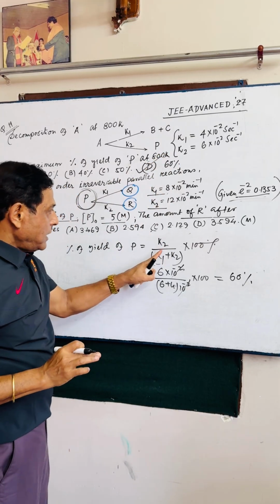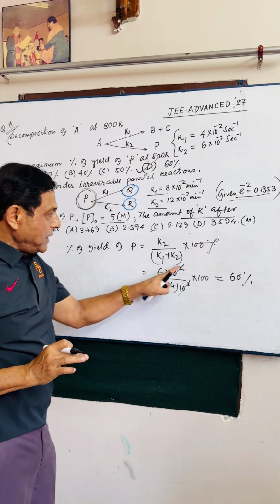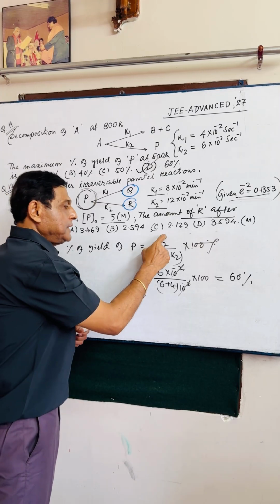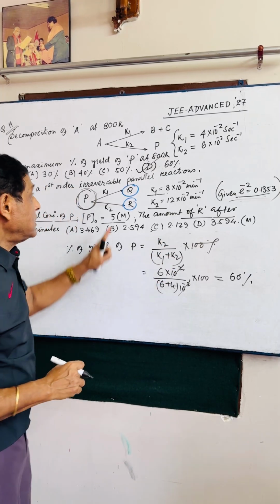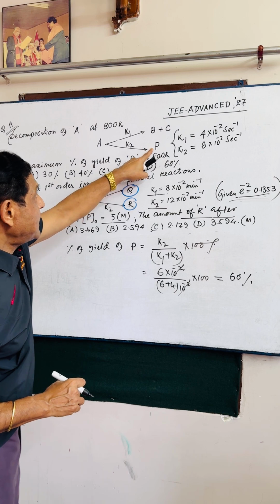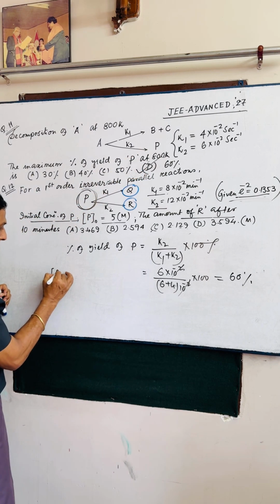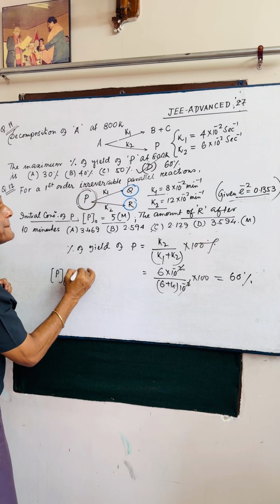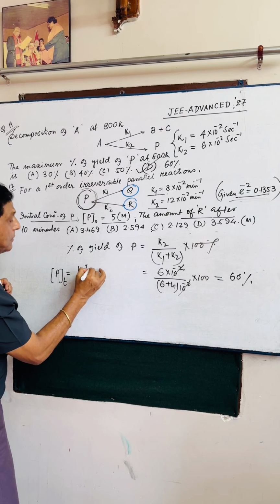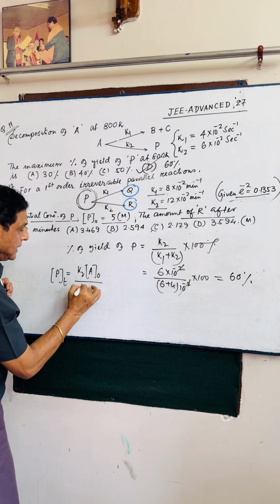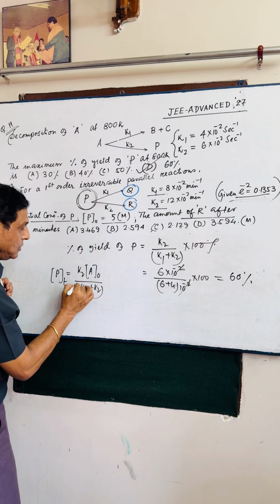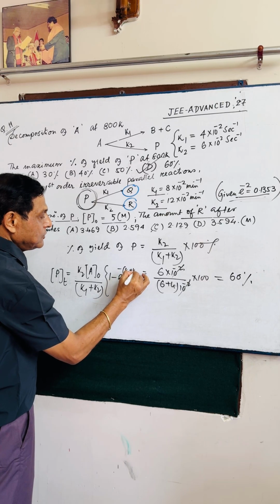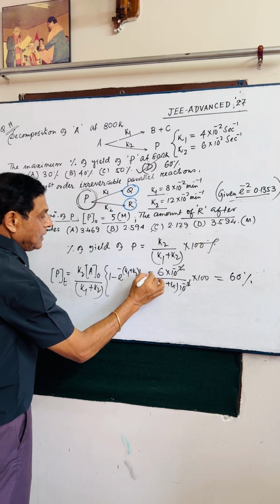Now, how do we get the rate constant of this by the summation of rate constants? We have already derived that the concentration of P after time t is equal to K2 into concentration of A naught by K1 plus K2, into 1 minus e to the power minus K1 plus K2 into t.